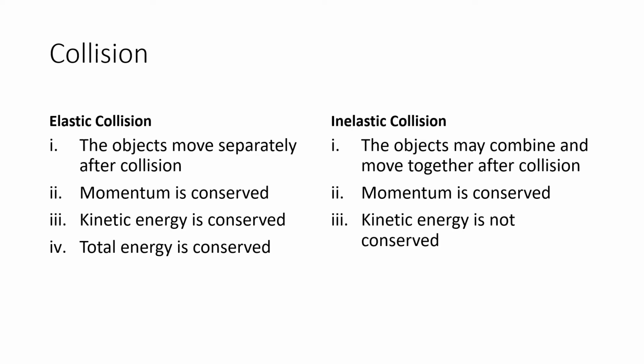Momentum is conserved. Kinetic energy is not conserved. And total energy is conserved. So as you can see here, for elastic collision, the kinetic energy is conserved, while for inelastic collision, the kinetic energy is not conserved.